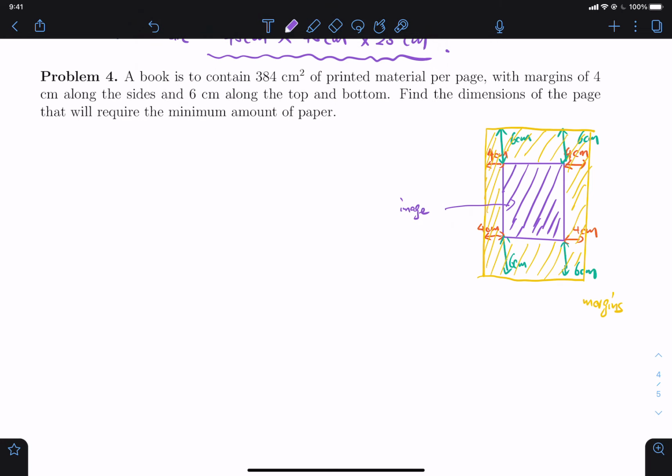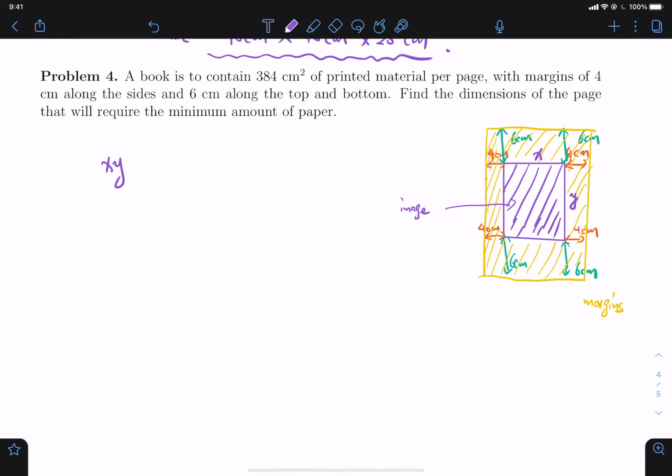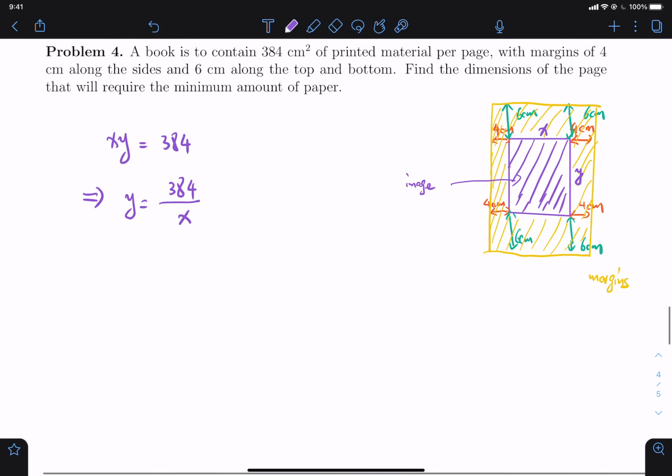And now let's set the length of the image equal to x, and the height is equal to y. That is just for the purple rectangle here. So we know that the area of the image, xy, must be equal to 384. That is fixed, right? It cannot be changed. And we can now deduce that y is equal to 384 divided by x, right?